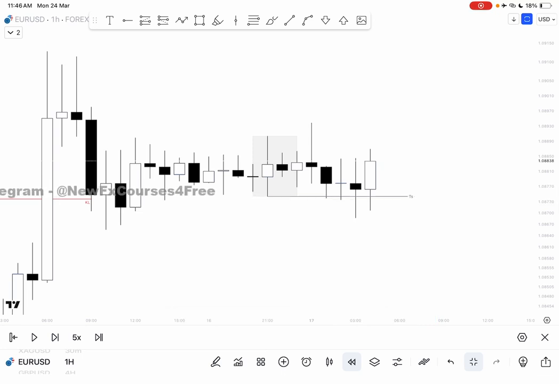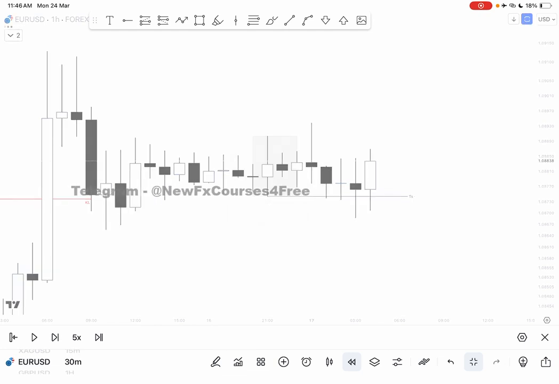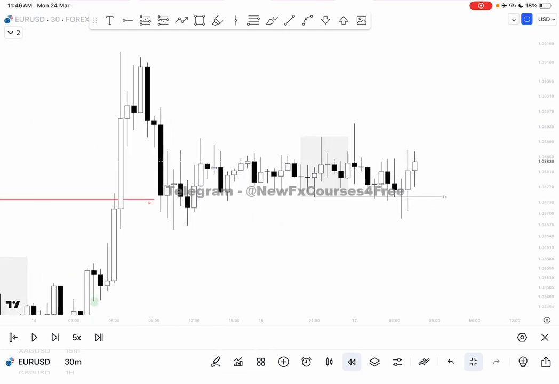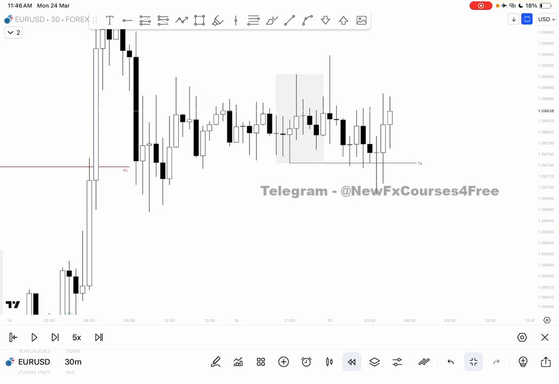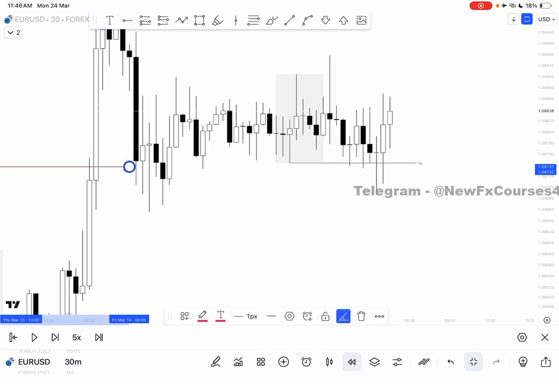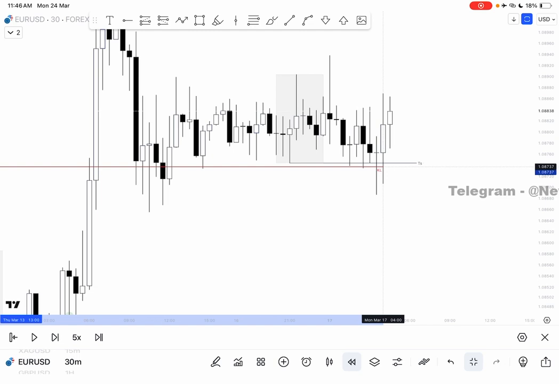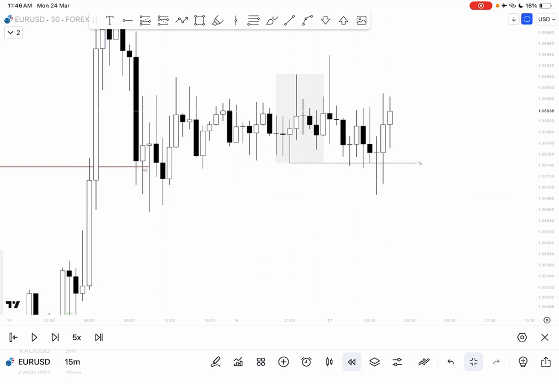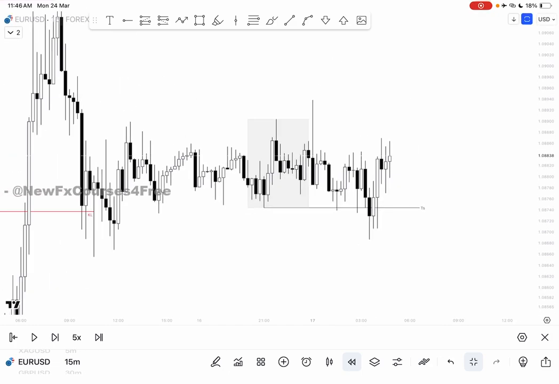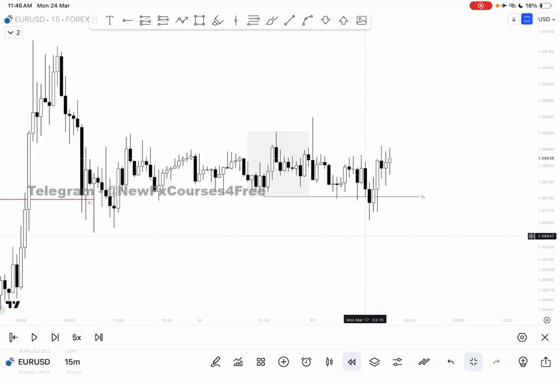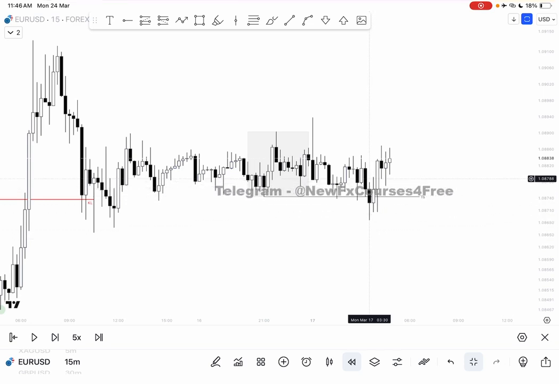So this was swept during a key time and sweeping our Asian session low, tapping on our key level, and on the lower time frame you can see we actually formed an order block during a key time.